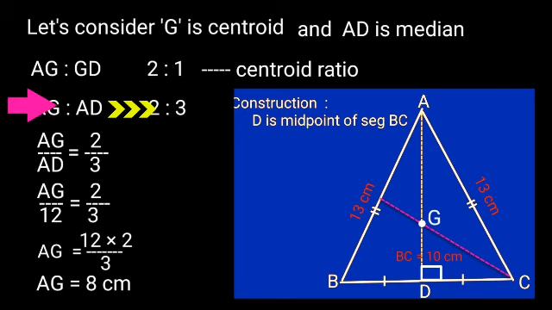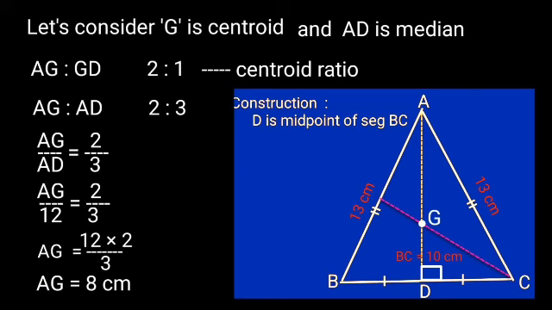Hence, AG upon AD is equal to 2 upon 3. Substitute the value of AD. Hence, AG upon 12 is equal to 2 upon 3. Hence, AG is equal to 12 into 2 upon 3. By simplification, AG is equal to 8 centimeter.